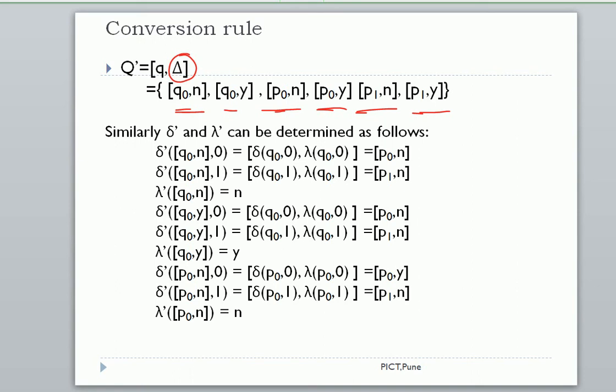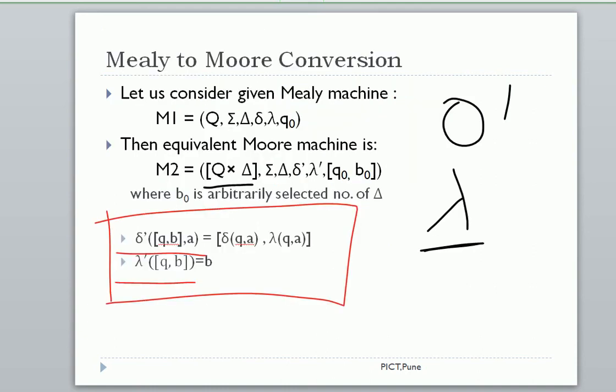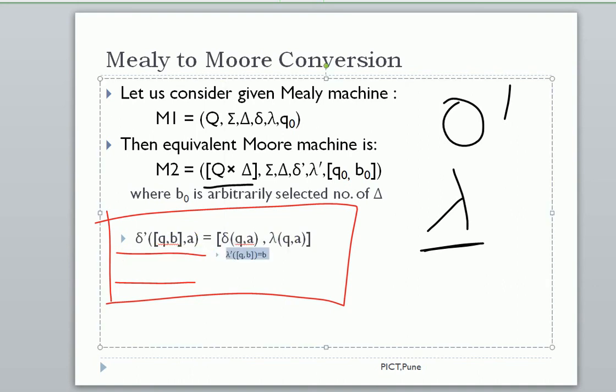We are going to consider these states in future. So for those states, we are supposed to find out the transition function and the machine function. That can be determined by using the formula we have already discussed.